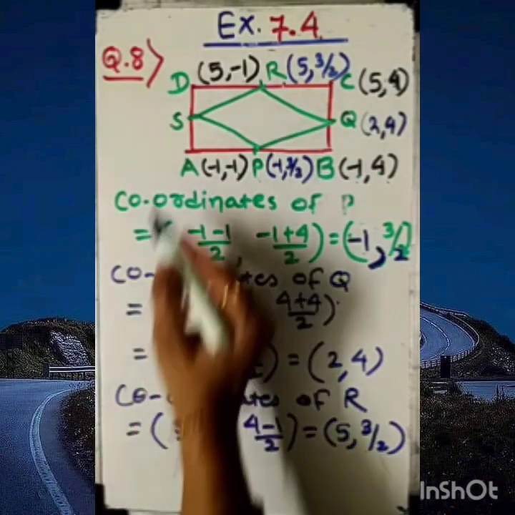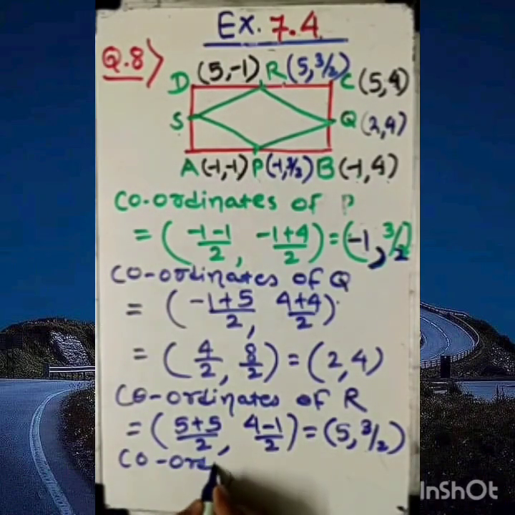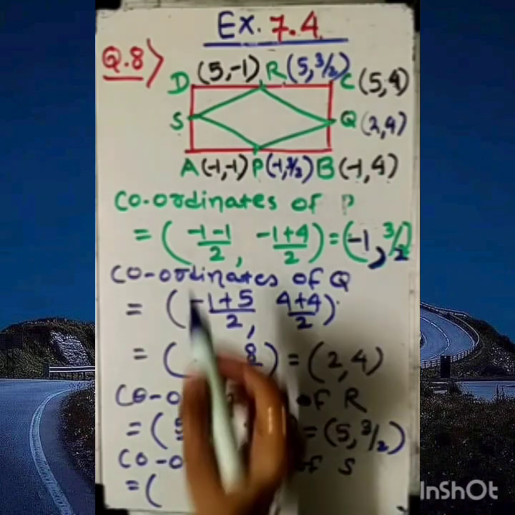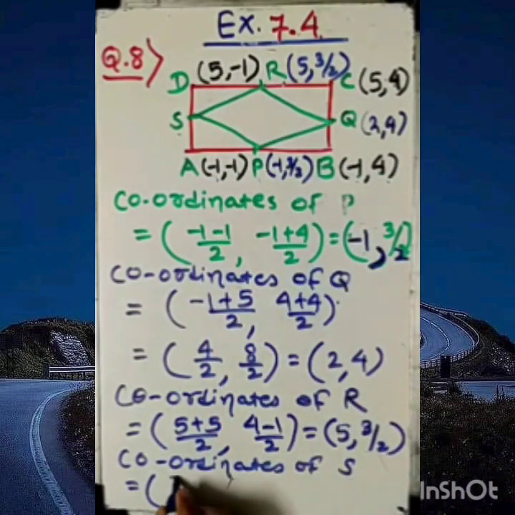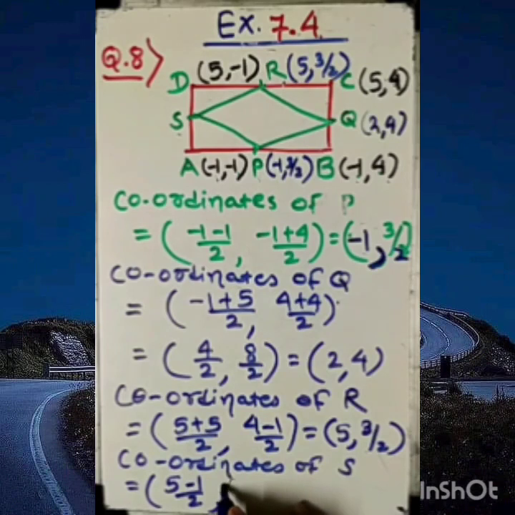Now the last, the coordinates of S. Let's go with that also. Coordinates of point S. My dear student, find the coordinates of S: (5 plus -1) divided by 2, (-1 minus 1) divided by 2. After simplification, it will be 4 by 2, which is 2.